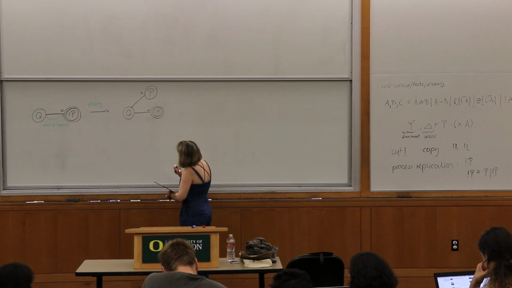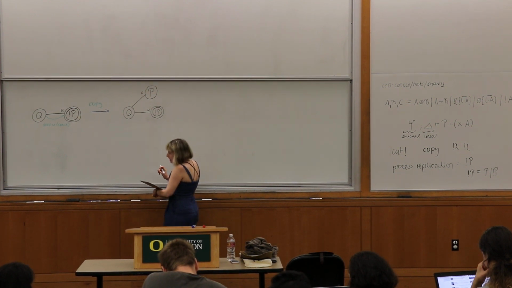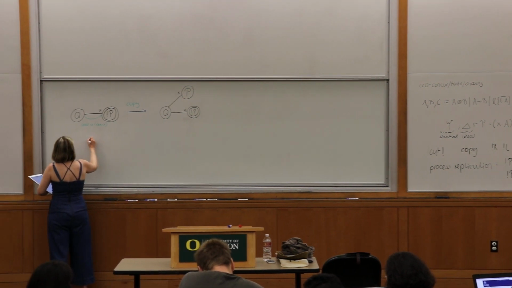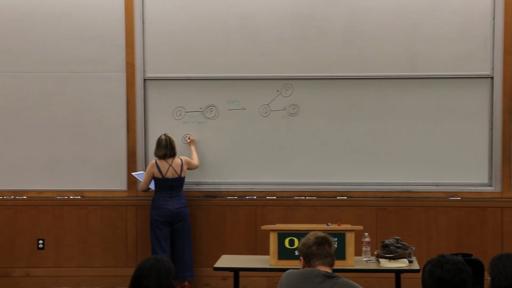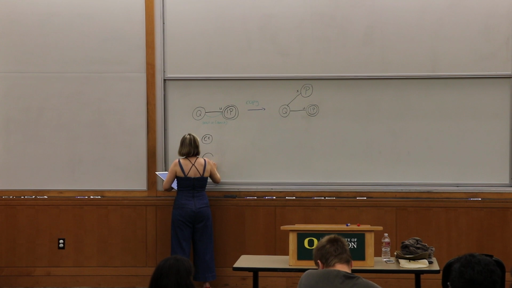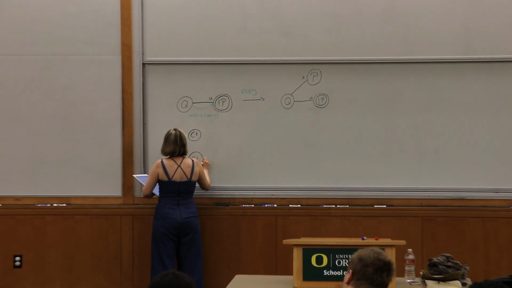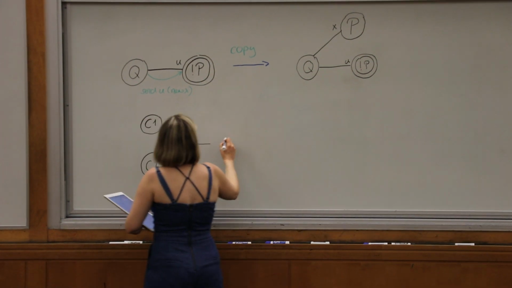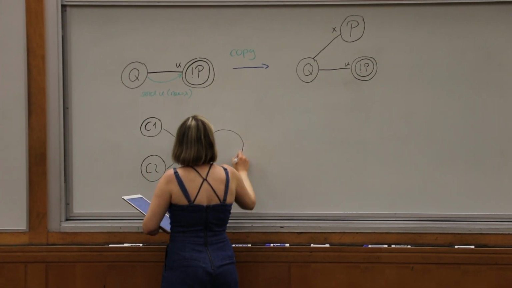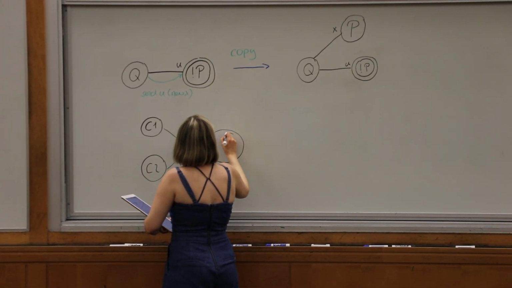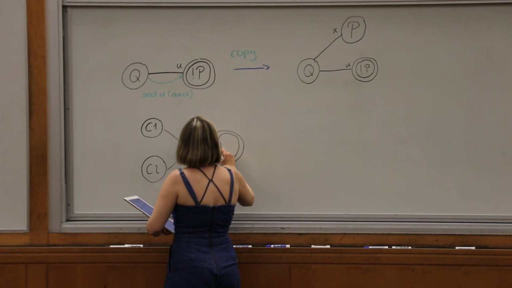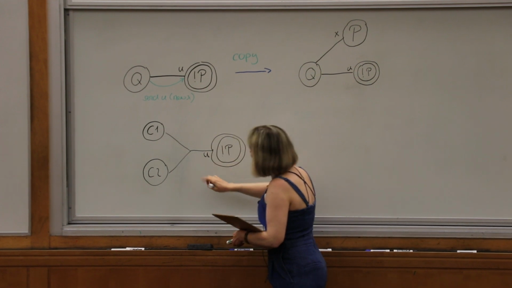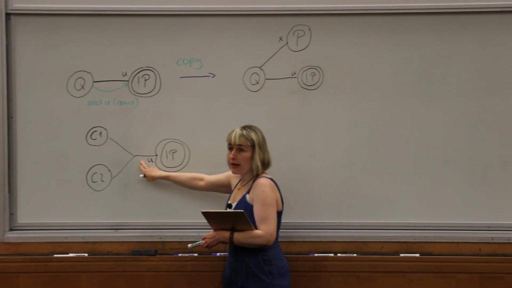We can have the following scenario where we have a client 1 and a client 2, and they are both connected to the replicating server process bang P along channel U. So they basically share this channel.